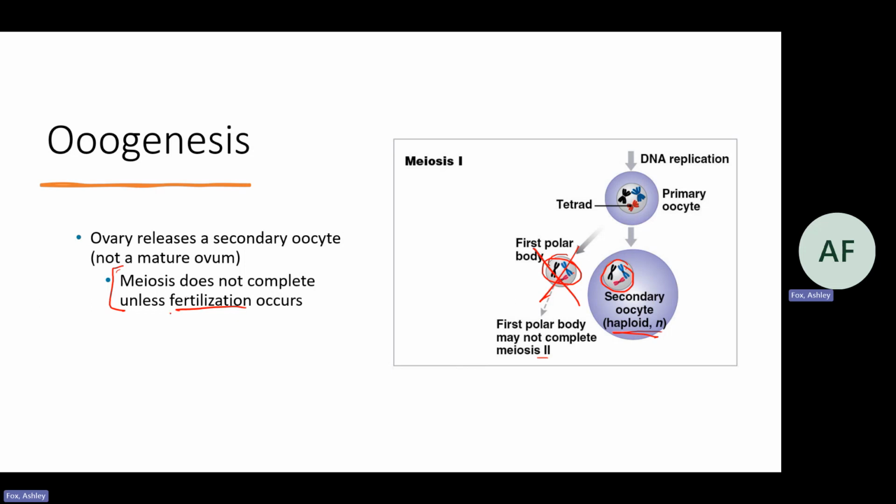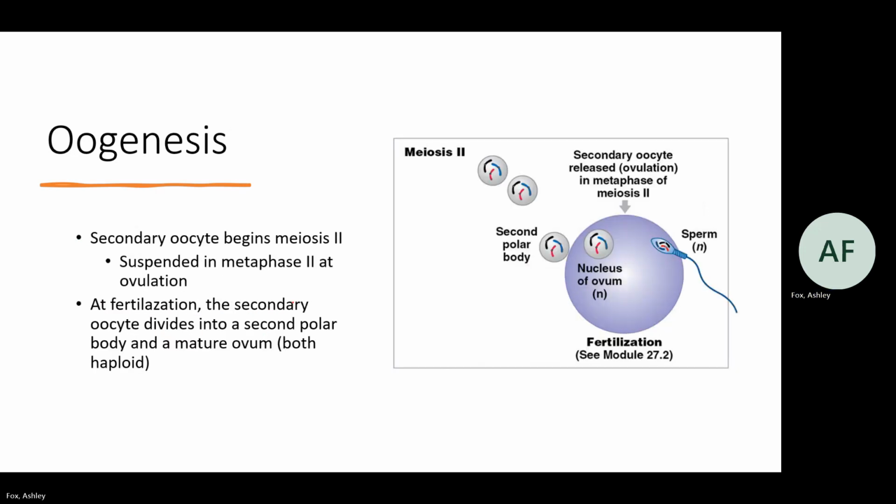Only if it meets a sperm and a sperm penetrates is it stimulated to complete meiosis. So if fertilization is not occurring each month, these oocytes never complete meiosis. They do begin meiosis 2, and it's another frozen thing. So in the primary oocyte, it's frozen in prophase 1.